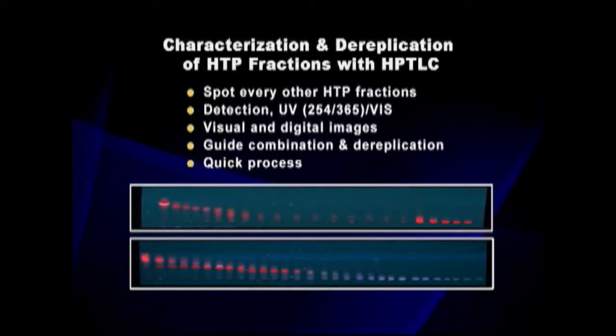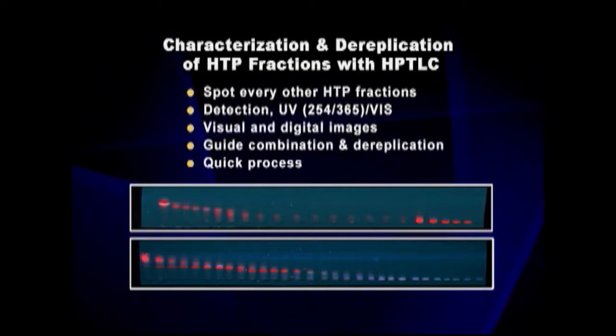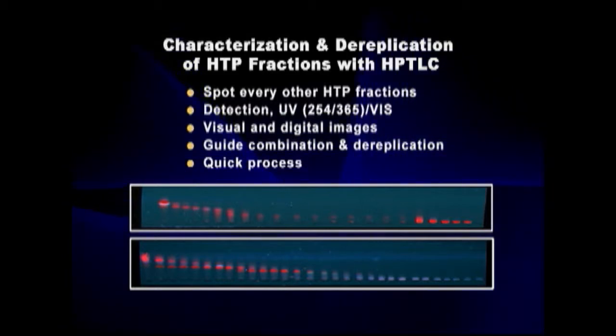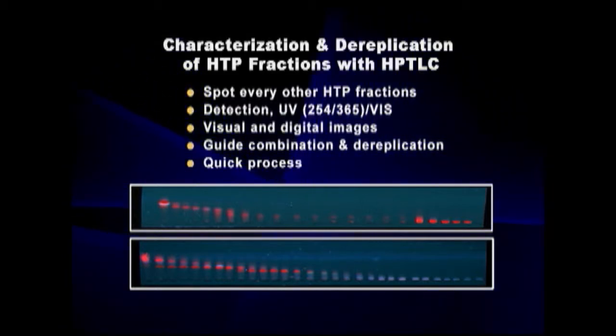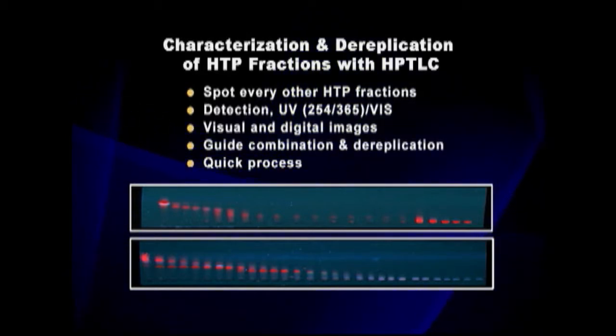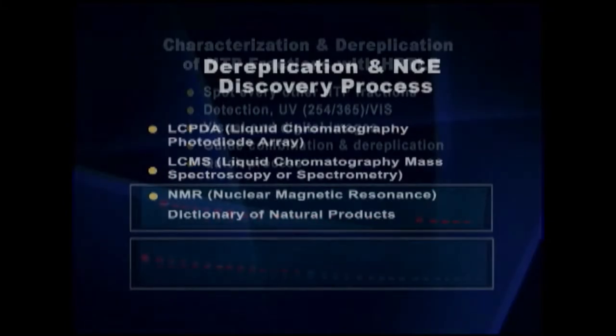After we screen the high throughput fractionation library and find the active fractions, we use high performance thin layer chromatography to analyze those active fractions and see how many components are in them.